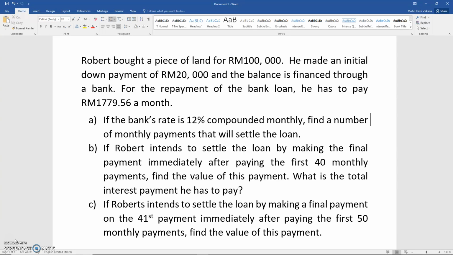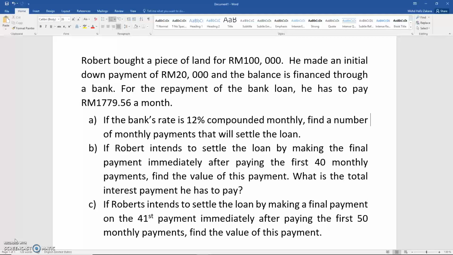So let's look at the first one. This is review question 4, number 15. Robert bought a piece of land for 100,000. He made an initial down payment of 20,000 and the balance is financed through a bank.